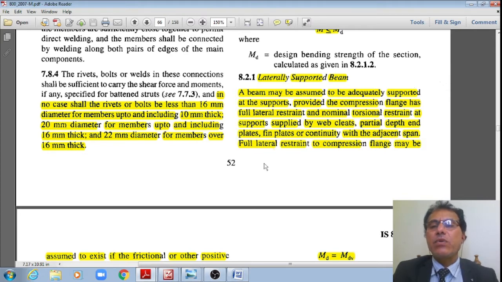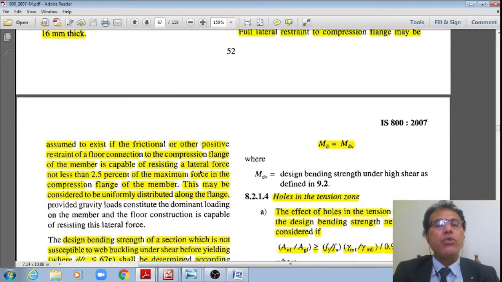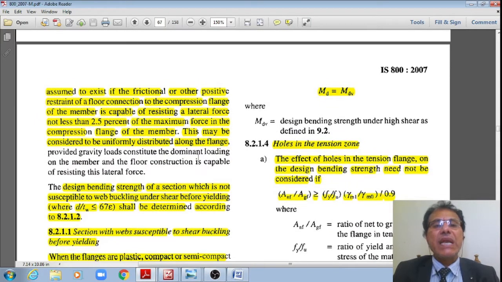Full lateral restraint to the compression flange may be assumed to exist if the frictional or other positive restraints of a floor connection to the compression flange of the member is capable of resisting a lateral force not less than 2.5% of the maximum force in the compression flange of the member, right? However, this may be considered to be uniformly distributed along the plane, right?